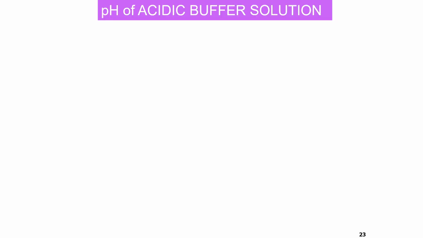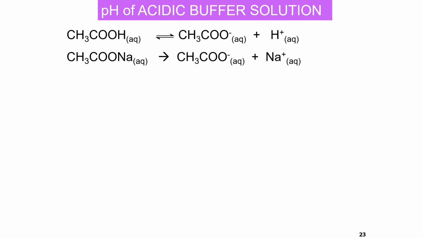Baiklah, so kita tengok macam mana pH of acidic buffer solution for the calculation. Kita ada dua equation iaitu CH3COOH produce CH3COO minus and H plus, and CH3COONa produce CH3COO minus and Na plus.